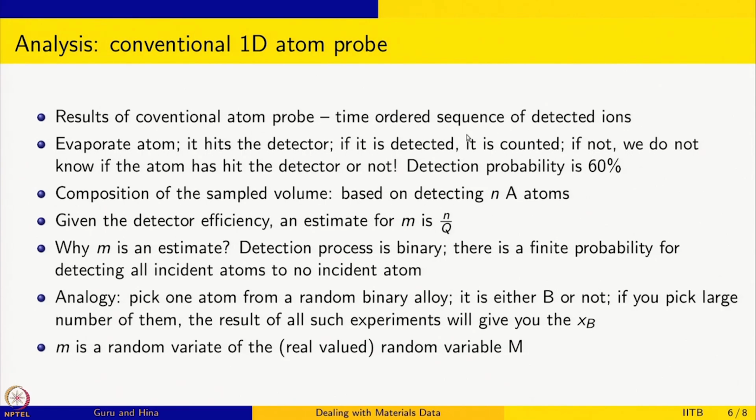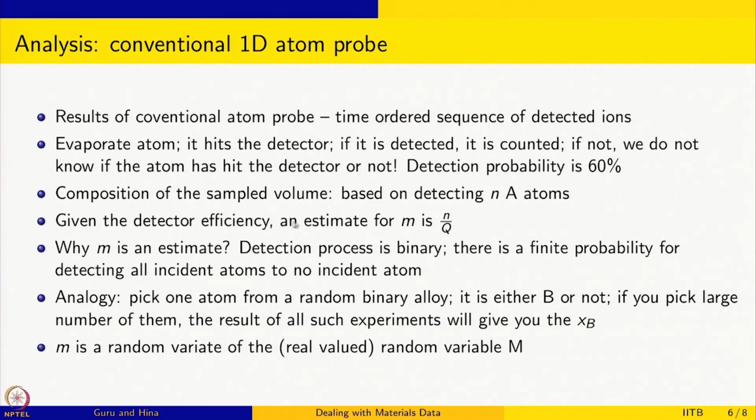If it is detected, it is counted. If not, we do not know if the atom has hit the detector or not. However, we know that the detector detects 60% of the atoms that fall on it, approximately. So, this is the number that we have. Now, the composition of the sample volume is based on the n A atoms that are getting detected, right.